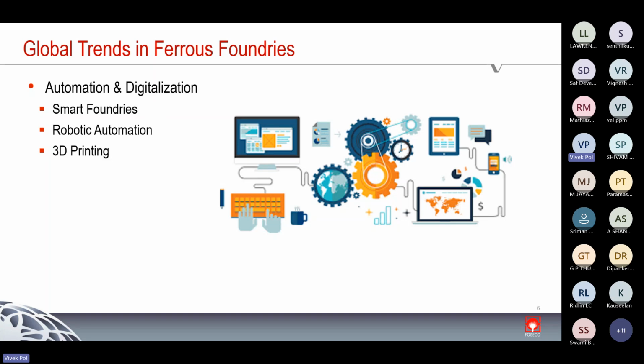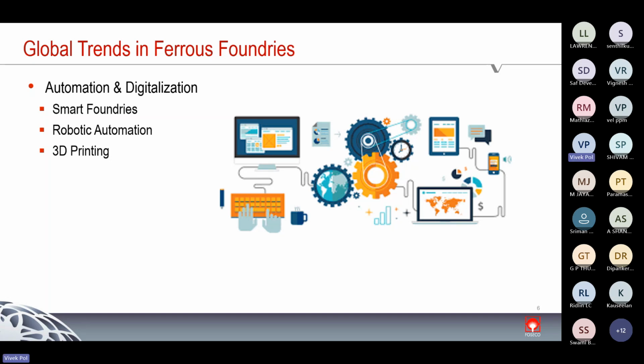Automation and digitalization, wherein many foundries are now going for IoT enabled devices, Internet of Things enabled devices, so that they can connect the devices with other devices and better process control can be implemented in the foundry.